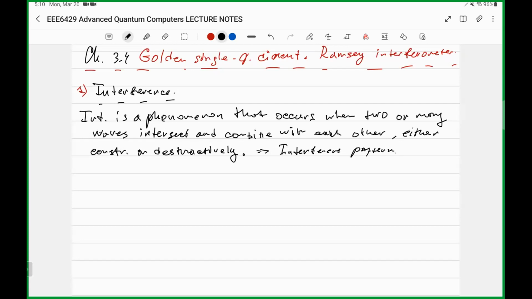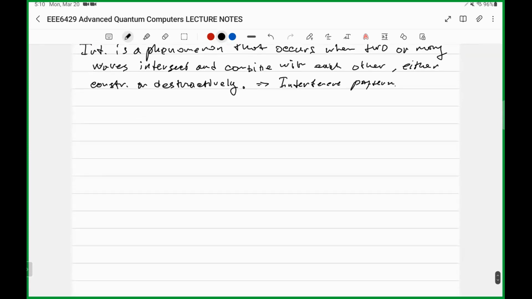So what does that mean? Let's first recall from optics a typical experiment where we have a screen like this, and a light source somewhere here. So this is our light source.